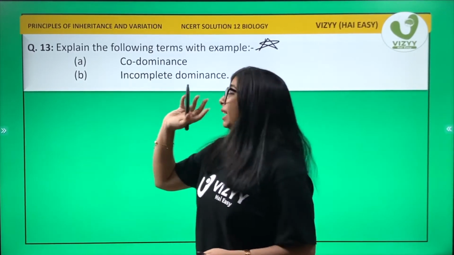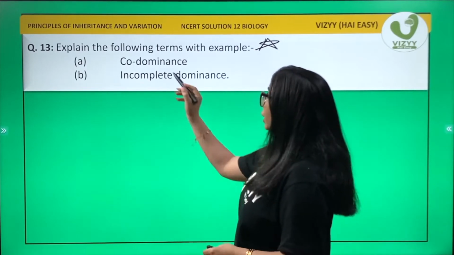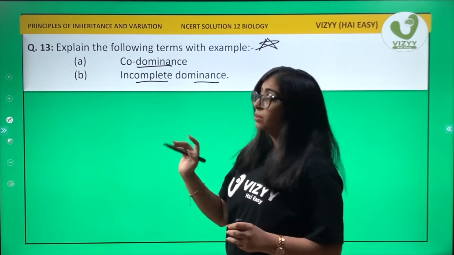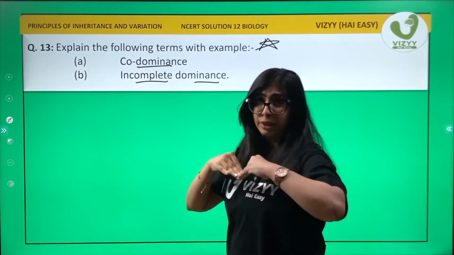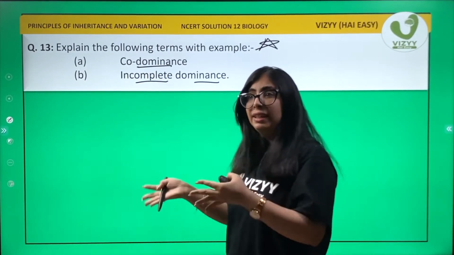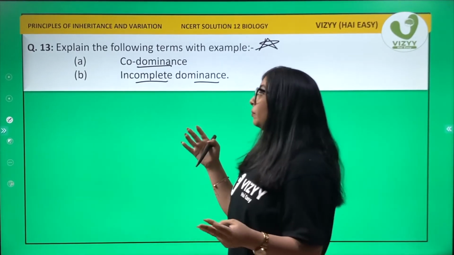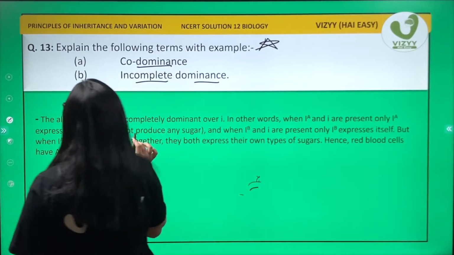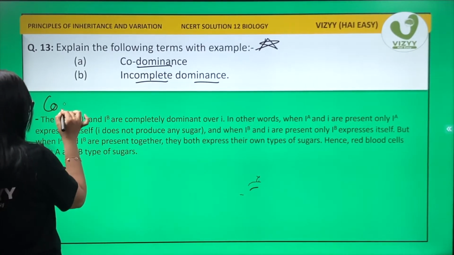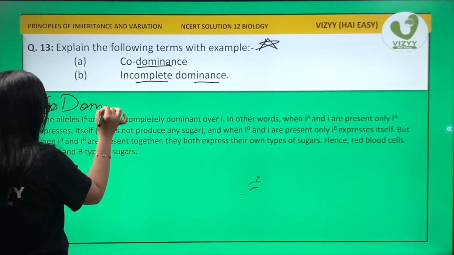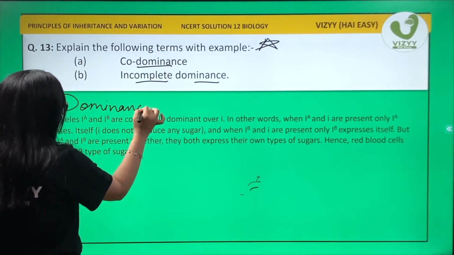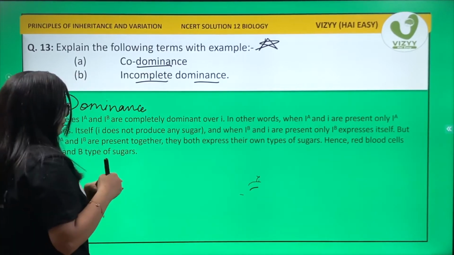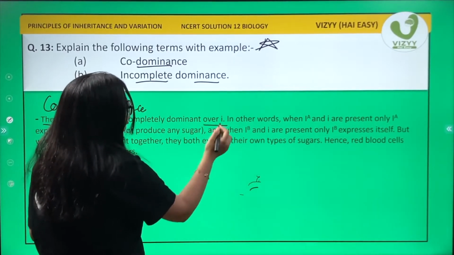Now, if you look at it very carefully, there is dominance in both of these terms. Something that is co-dominance and the other one says incomplete dominance. Okay, so co-dominance means the alleles IA and IB are completely dominant over i.